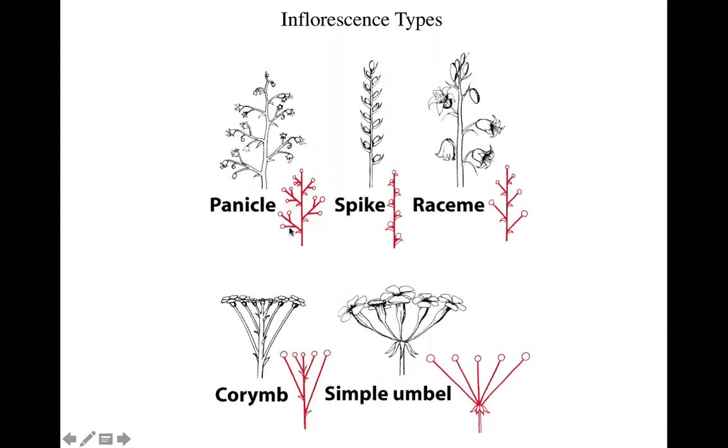And so a panicle has flowers that are attached that have stalks. So like the flowers are not sessile, like a spike, or see in this one, the flowers are borne in the axes of these little bracts. So they're directly attached to the stem, that's sessile. Here the flowers have their own stems, and often the stems are branching.